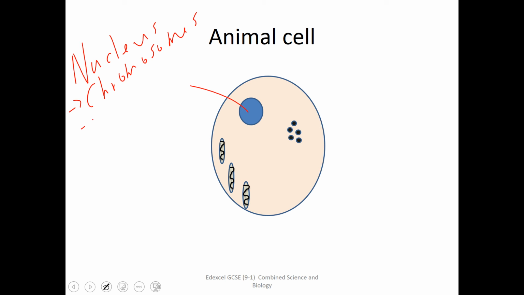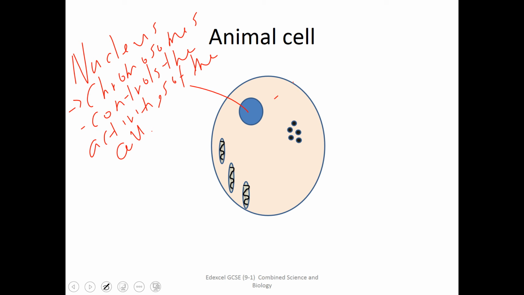It also controls the activities of the cell. What I mean when I say controls the activities of the cell is that it determines what the cell does, so what its function is.